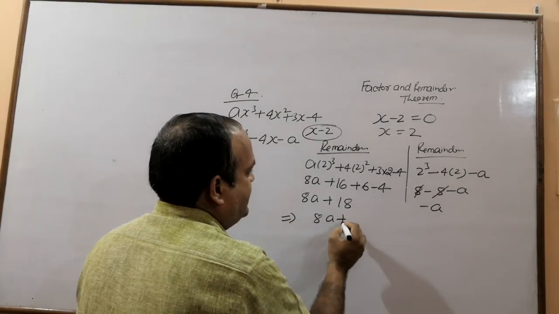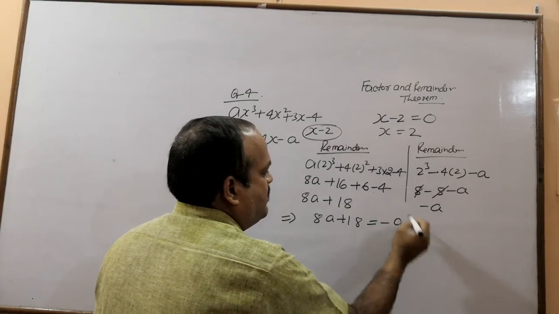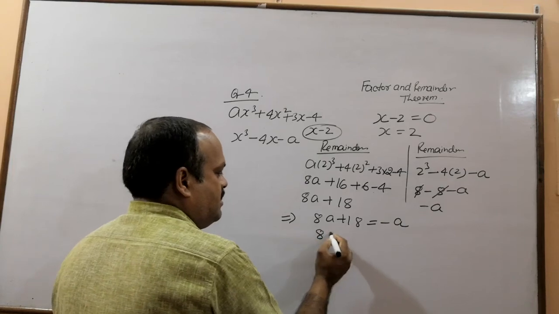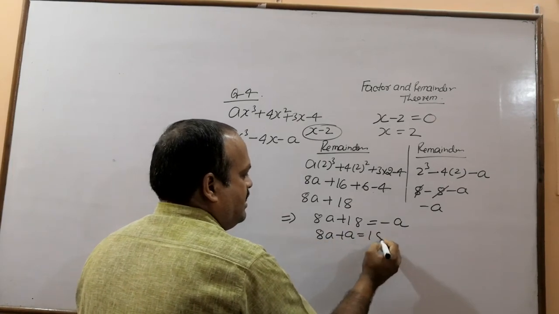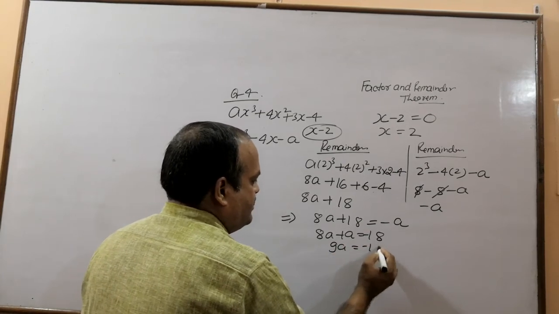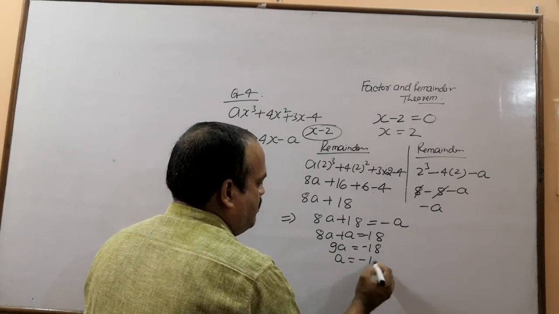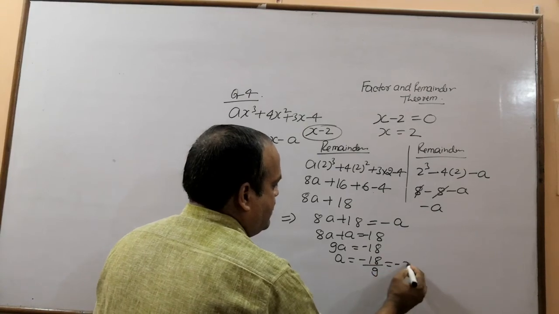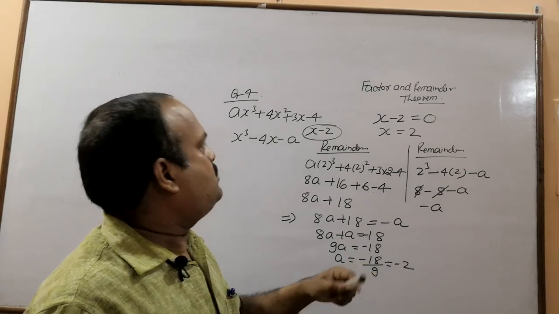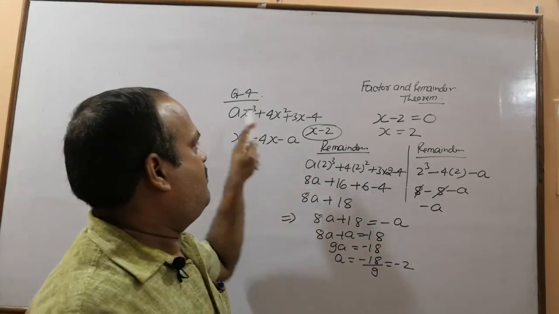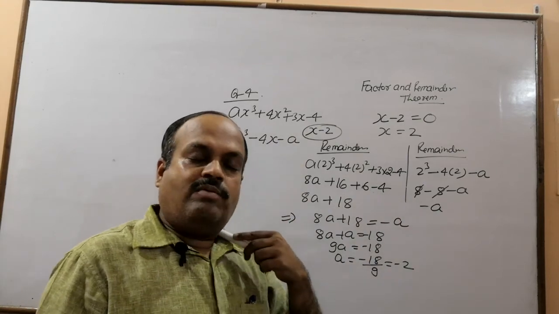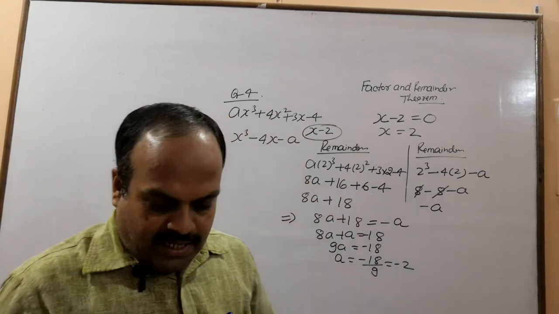So 8a plus 18 equals minus a. Get this minus a to this side. So 8a plus a equals minus 18. So 9a equals minus 18. So a equals minus 18 by 9, which is minus 2. It means when a equals minus 2, then only this one and this one, when divided by x minus 2, will leave the same remainder.